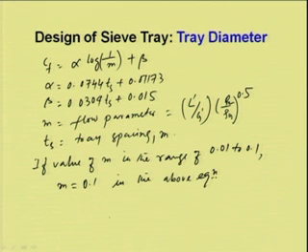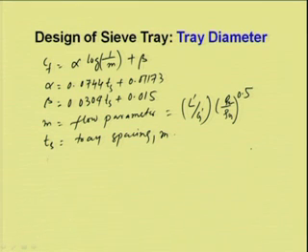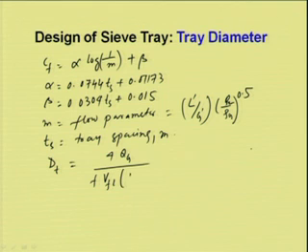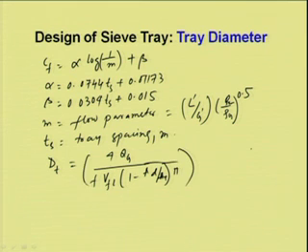So, then we can calculate the diameter of the tower as D_T equal to (4 Q_G by (V_FL into (1 minus A_D by A_T) into pi)) to the power half. Q_G is the volumetric flow rate of the gas.